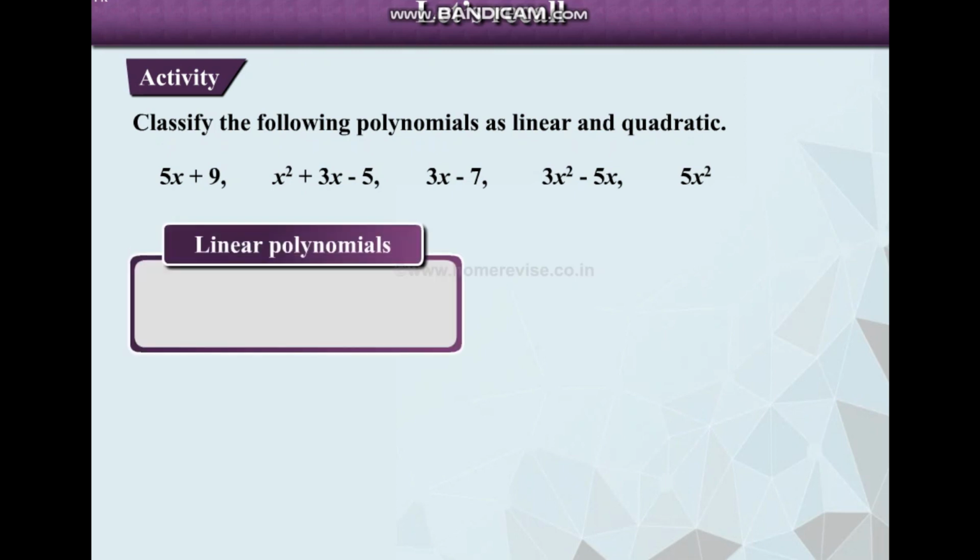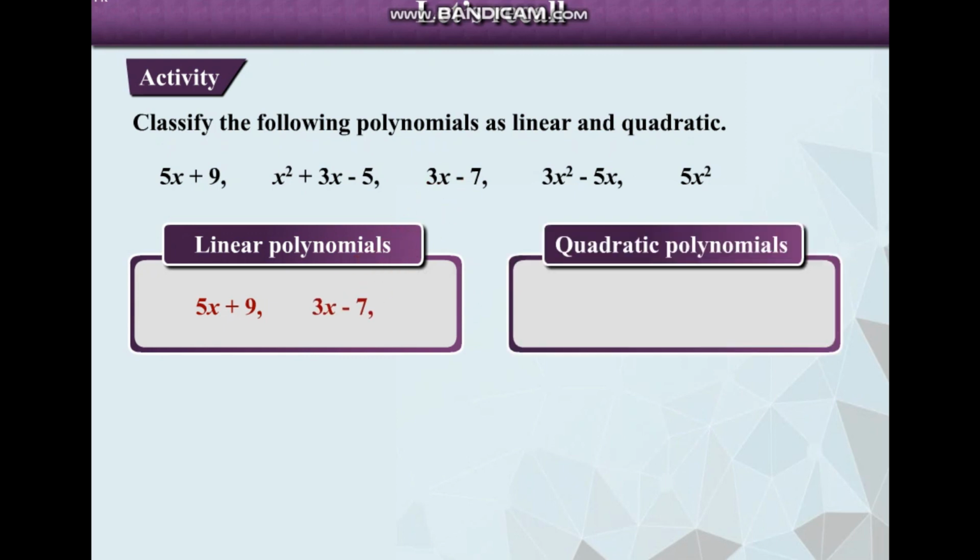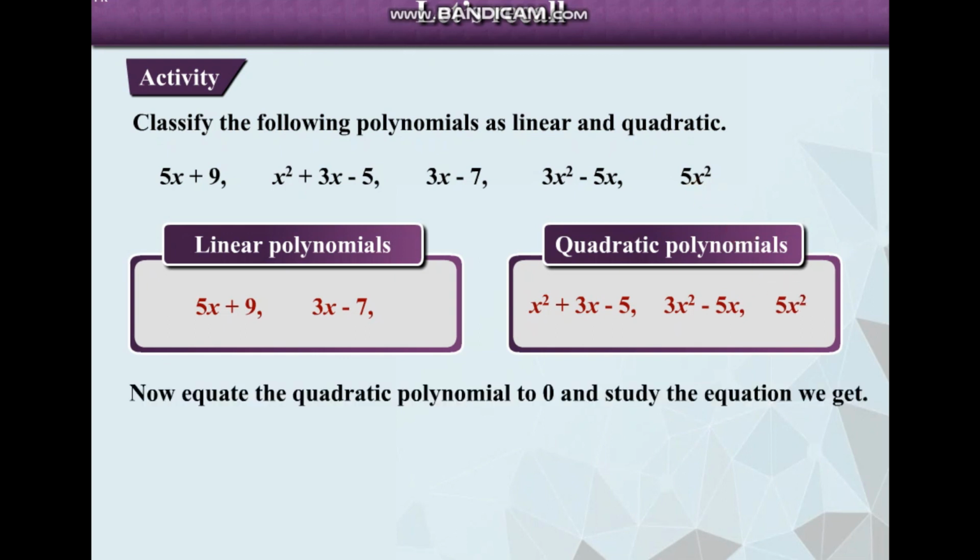Linear polynomials: 5x plus 9, 3x minus 7. Quadratic polynomials: x square plus 3x minus 5, 3x square minus 5x, 5x square. Now equate the quadratic polynomial to 0 and study the equation we get. Such a type of equation is known as a quadratic equation.